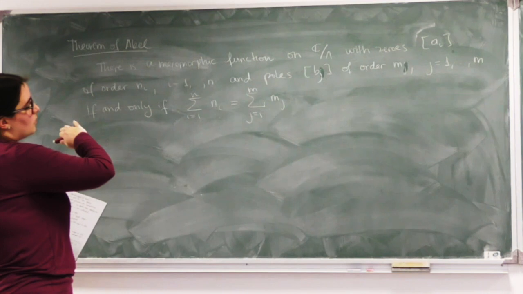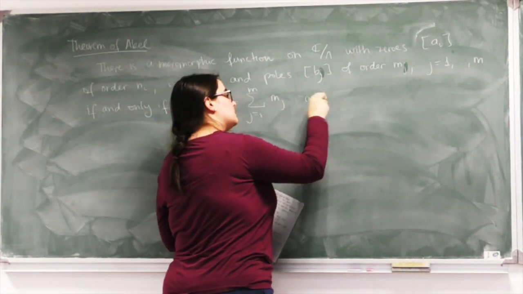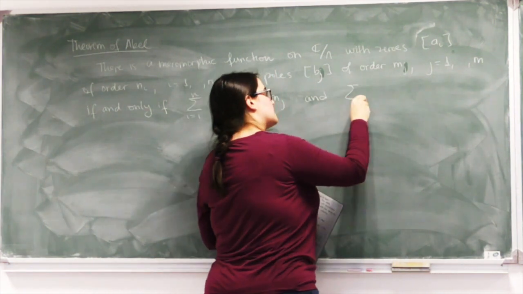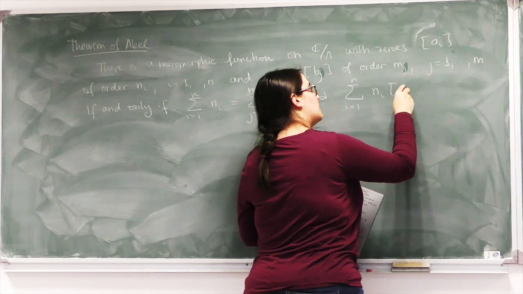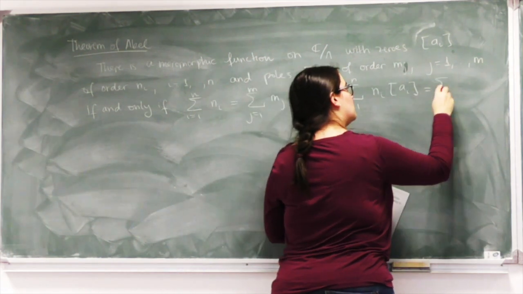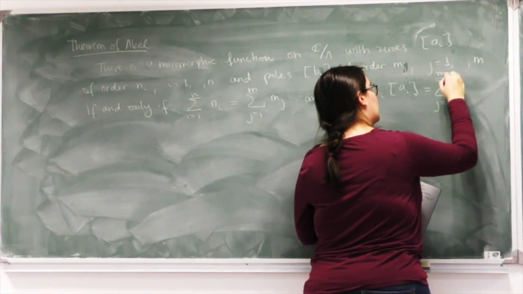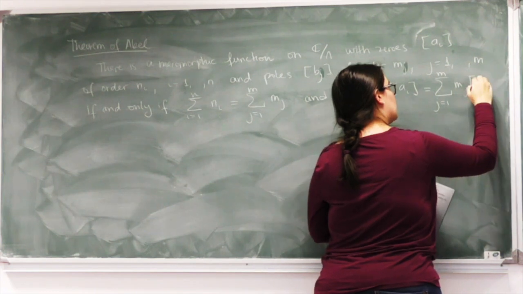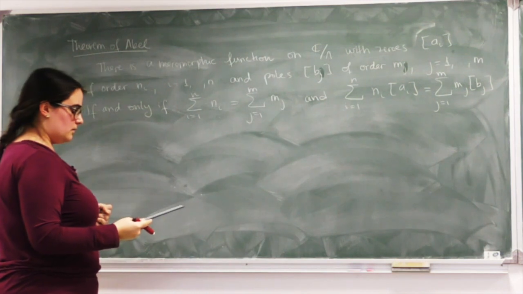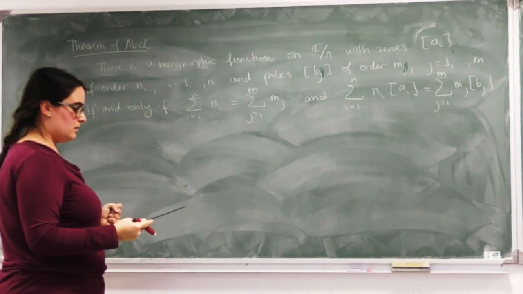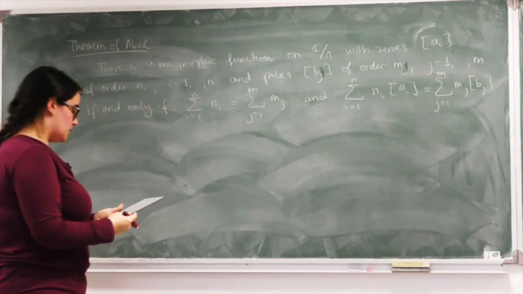Okay, so as I was saying, we have this condition, and the second condition is actually that the sum for i equal 1 till n of n_i a_i is equal to the sum for j equal 1 till m of m_j b_j. So as a point in the complex torus, we need this equality to hold.